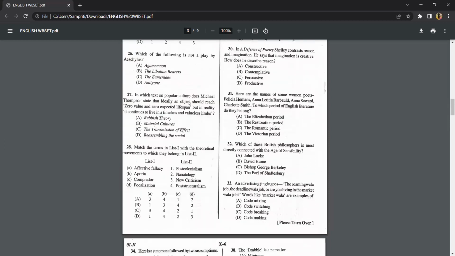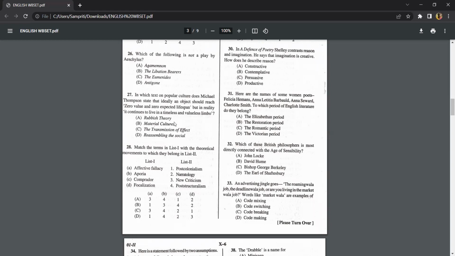27. In which text on popular culture does Michael Thompson state that ideally an object should reach zero value and zero expected lifespan, but in reality it continues to live in a timeless and valuable limbo? This is rubbish theory. In the appendix part of my notebook on literary theory, I have mentioned rubbish theory, thing theory, and popular culture theories like that.